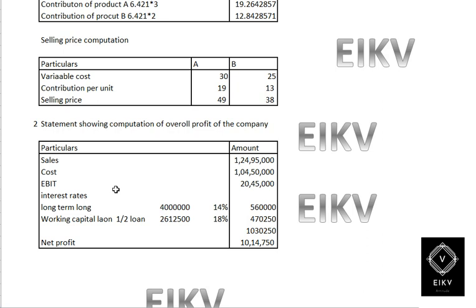For the interest, for long term capital we have a term loan of 40 lakhs with an interest of 14%. So 40 lakh into 14% will give you 5 lakh 60,000 as interest. And for the working capital loan, half of the working capital is taken as loan.